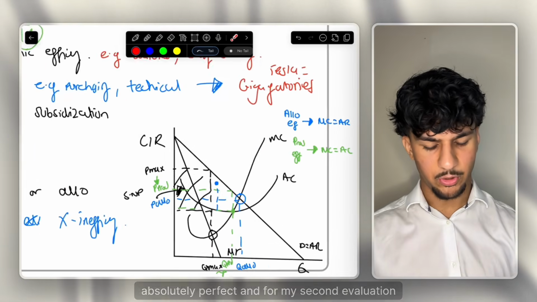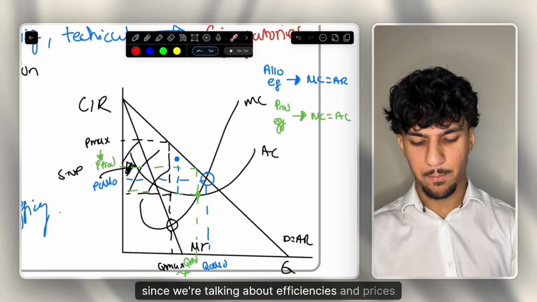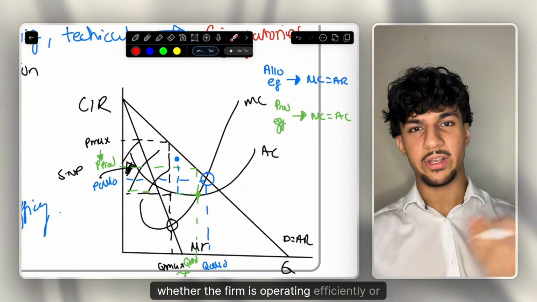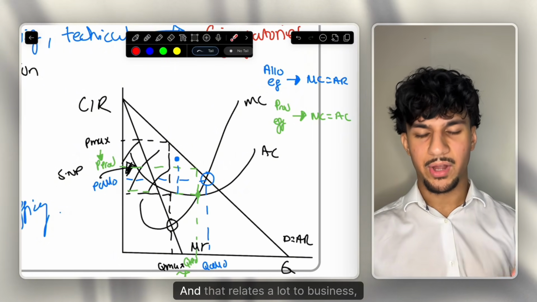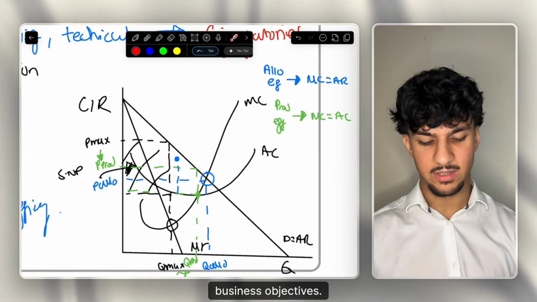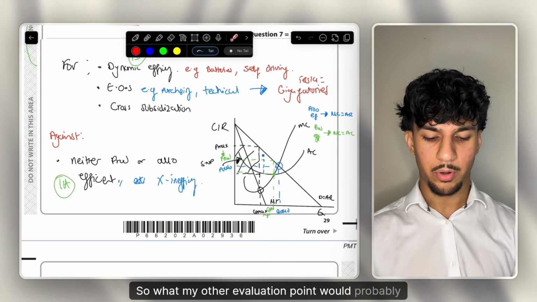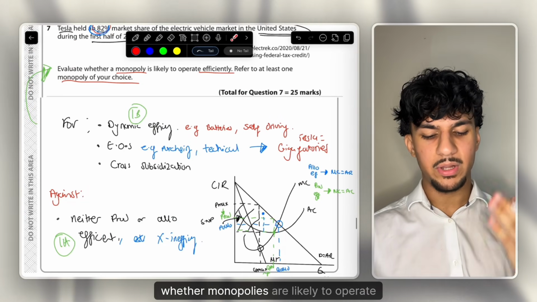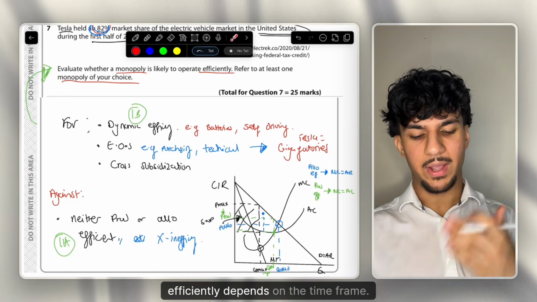And for my second evaluation point here, since we're talking about efficiencies and prices specifically, since the prices kind of determine whether the firm is operating efficiently or whether it's not, and that relates a lot to business objectives, my other evaluation point would probably be on the time frame. So I would say, however, in evaluation, whether monopolies are likely to operate efficiently depends on the time frame.